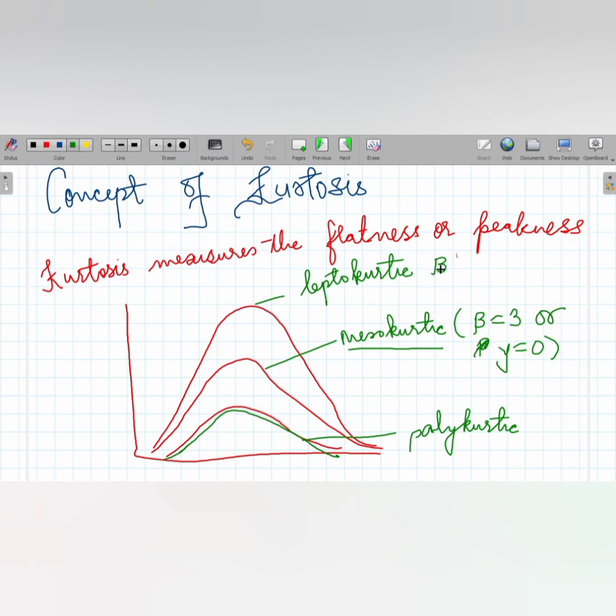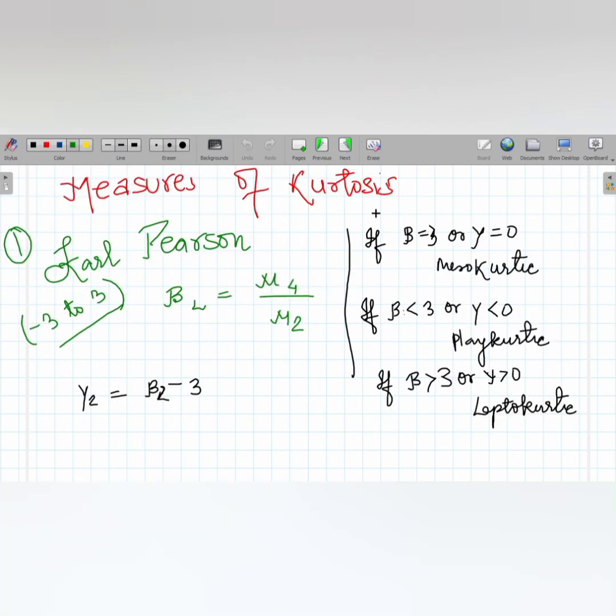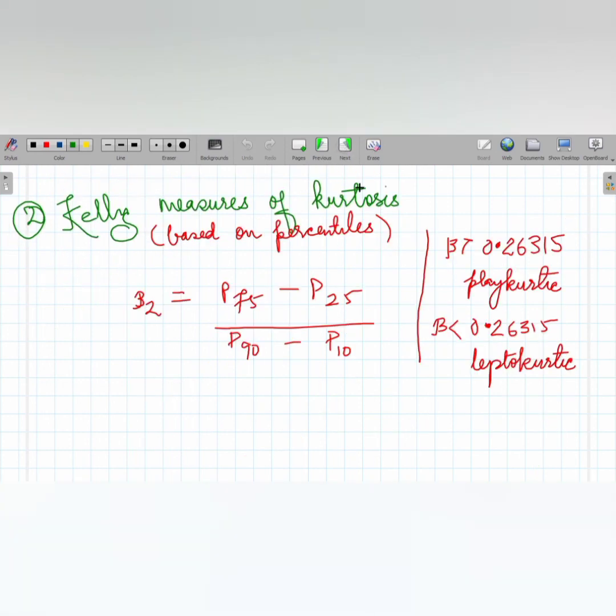If beta is greater than 3, or gamma is greater than 0, then it will show leptokurtic. Fine, and vice versa. If beta is less than 3 and gamma is less than 0, then it is platykurtic. Clear? I have written here the same.